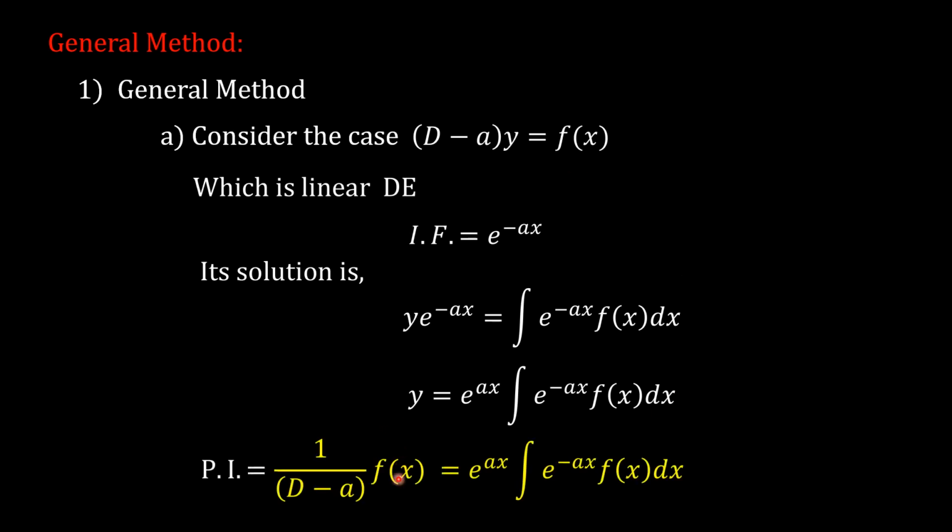So y is equal to PI is equal to 1 upon D minus a of f of x is equal to e raised to ax integration e raised to minus ax f of x dx.